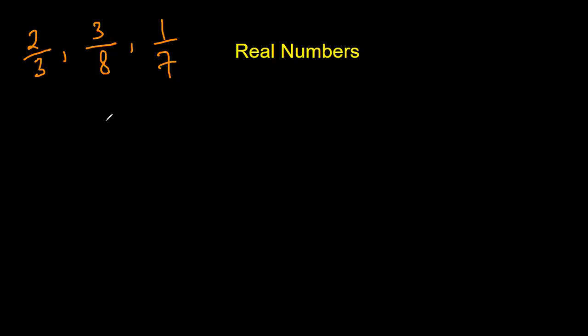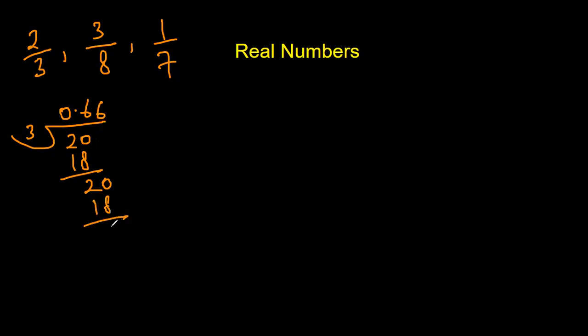The first one, you divide 2 by 3. Obviously this kind of division we have done in lower classes, right? You get remainder 2 again. 6 times, then 6 times again, 18, and you see that this will continue forever.